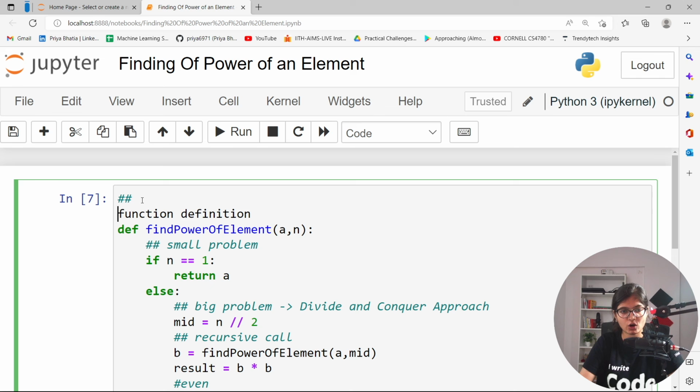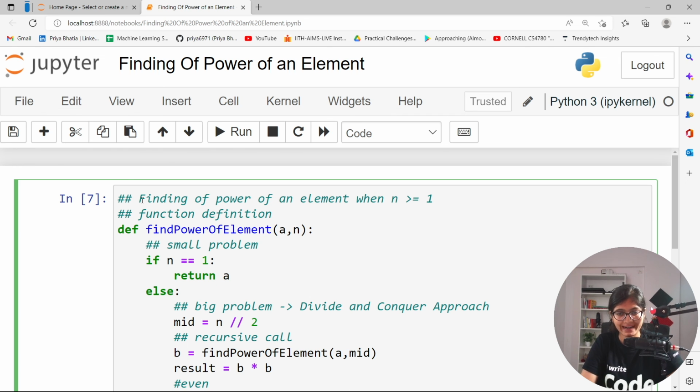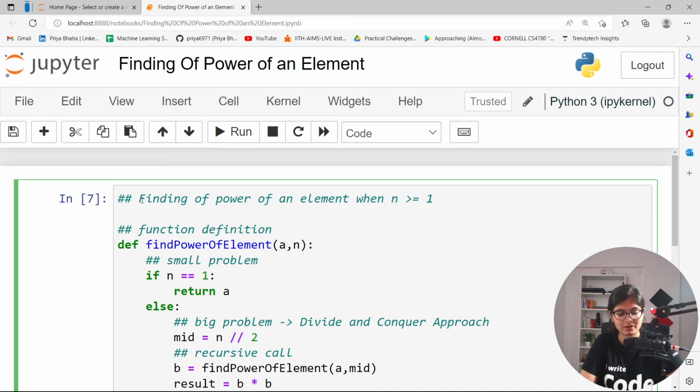But here I have just solved for the finding of the power of an element when the value of n is greater than or equal to 1, right? Now what is your problem?